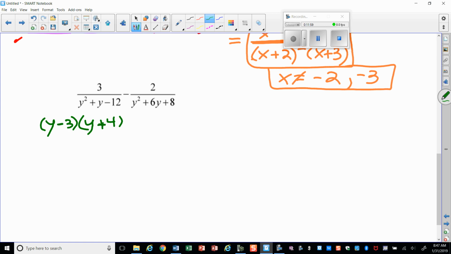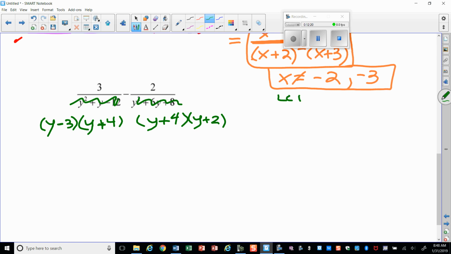Okay. And that takes care of that. And then now this factor is y times y. I want them to multiply to be 8, 4 times 2, and add up to 6. So those do. If they're both positive, they add up to 6. Okay, so I factored first.